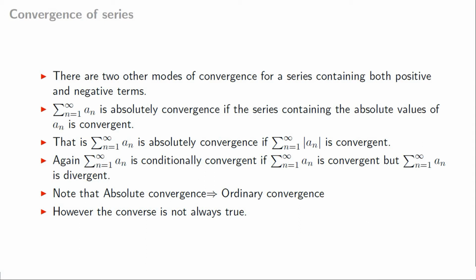Again, summation An is conditionally convergent if summation An is convergent, but summation n from 1 to infinity of modulus of An is divergent. Note that absolute convergence implies ordinary convergence. However, the converse is not always true.